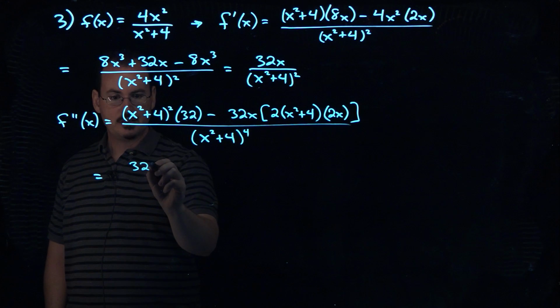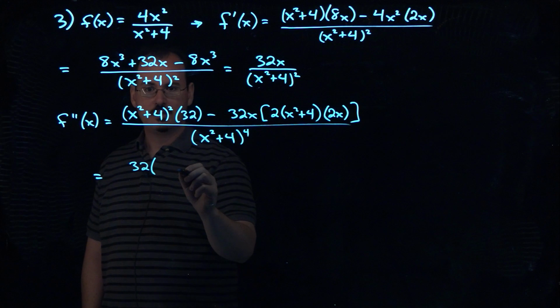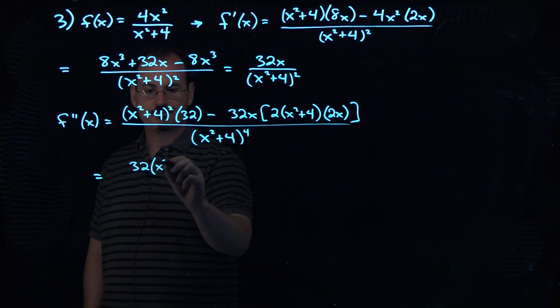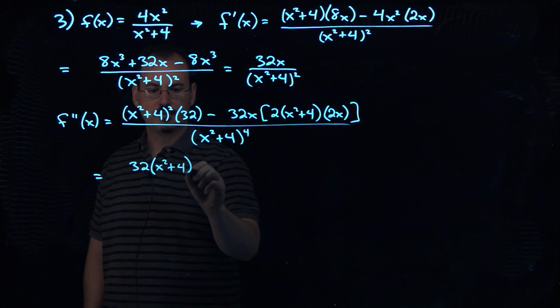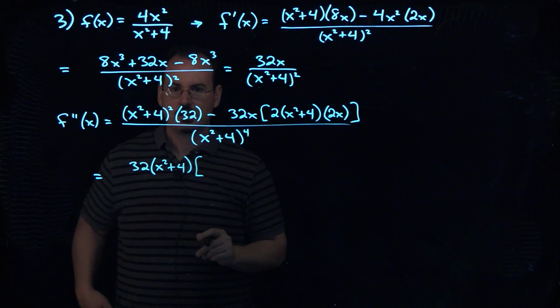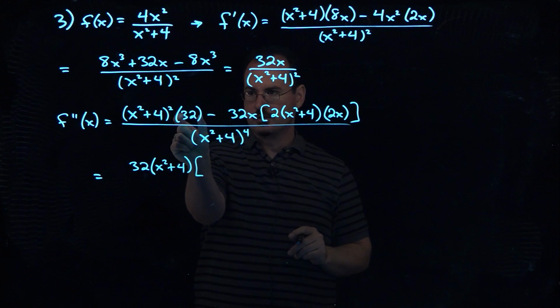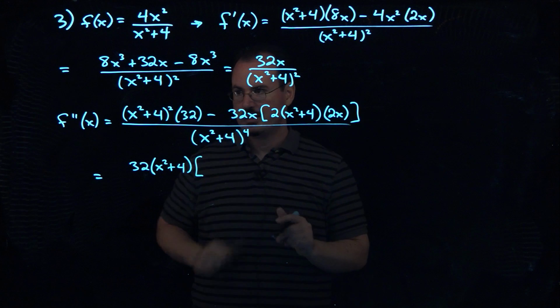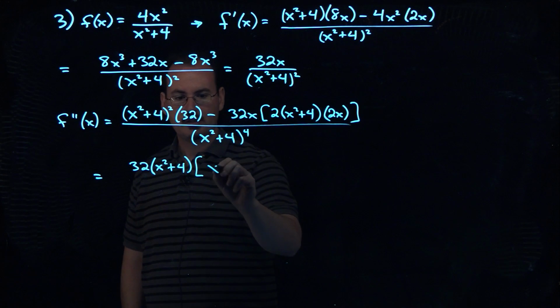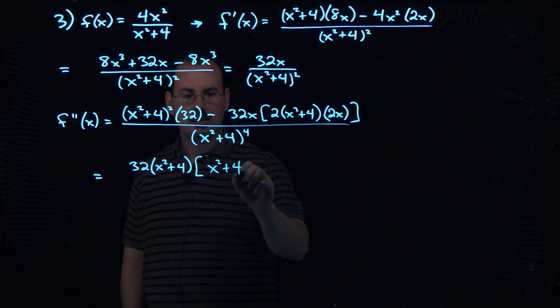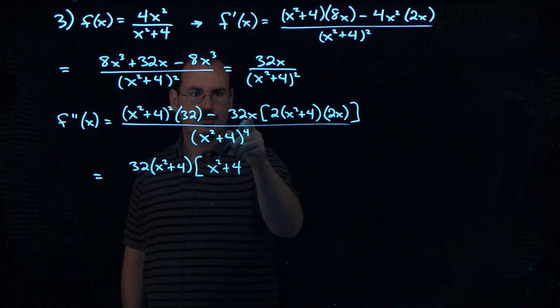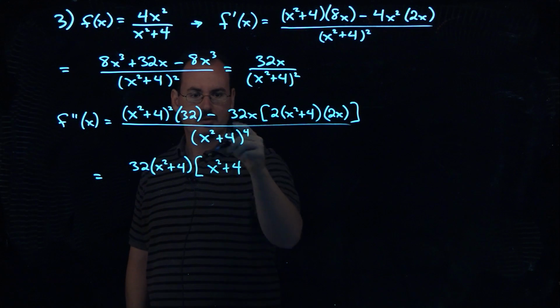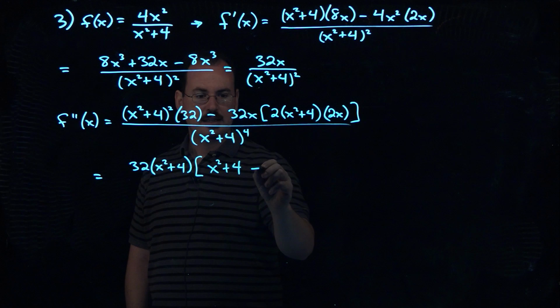So we'll factor out a 32, and we'll also factor out an x squared plus 4. Okay, now what is that going to leave us with? I factored out a 32, so it's going to be gone from here, and I factored out one of the x squared plus 4s there, so I'm going to have only x squared plus 4 left. Now minus, I factored a 32 out of both of them, so that's going to leave me with minus.